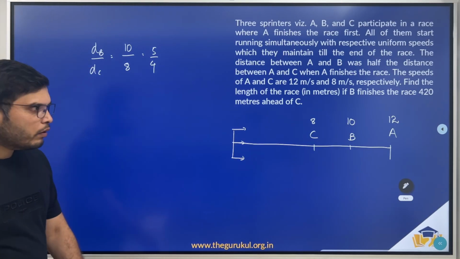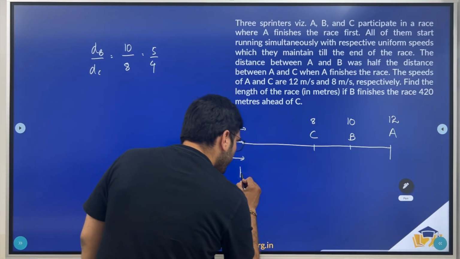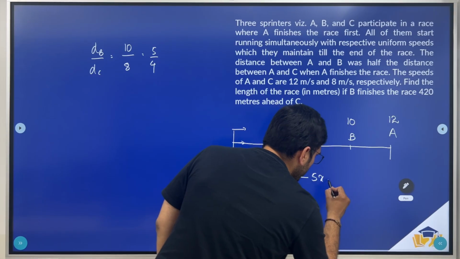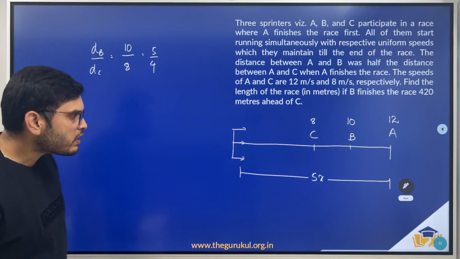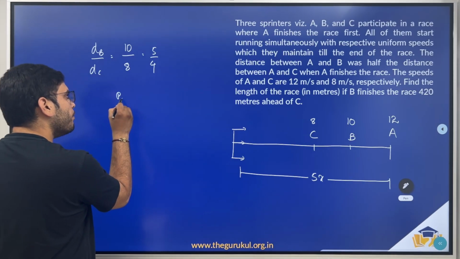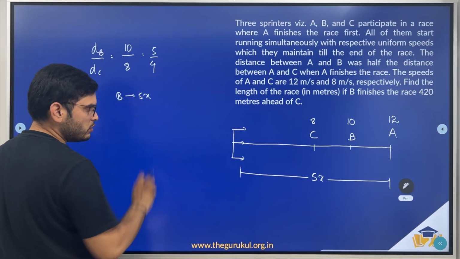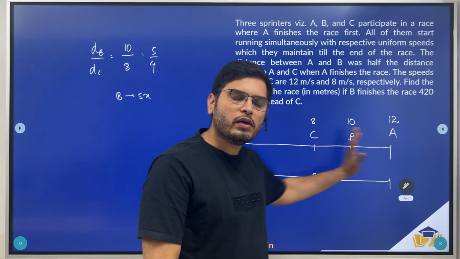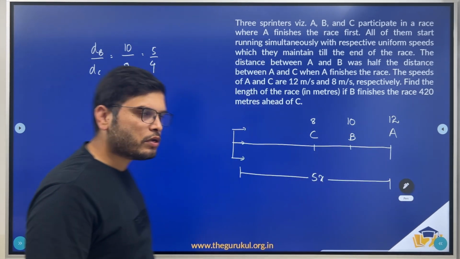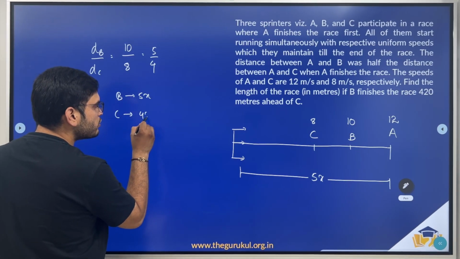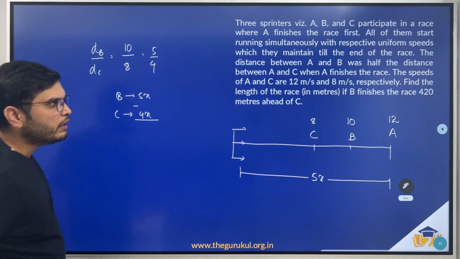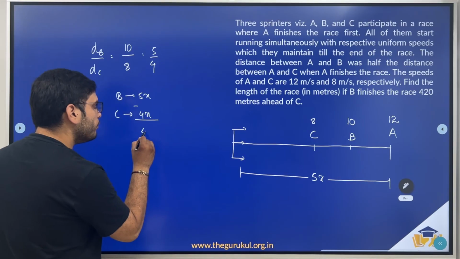Now, let the distance between both the points be 5x. So if B has completed 5x distance, assuming that 5x is nothing but the start to end distance, then C will be completing only 4x distance, and this difference is given to be 420.